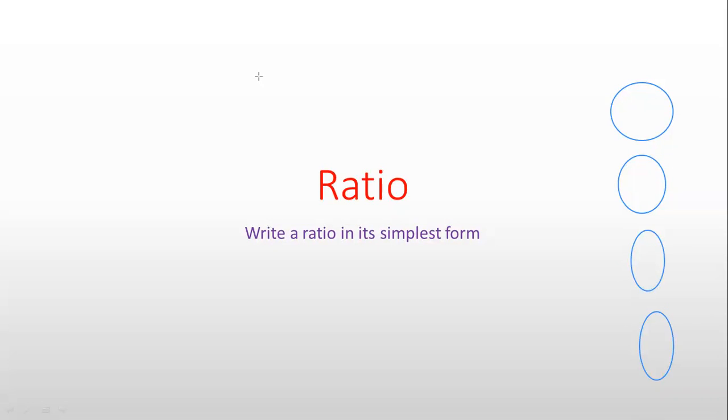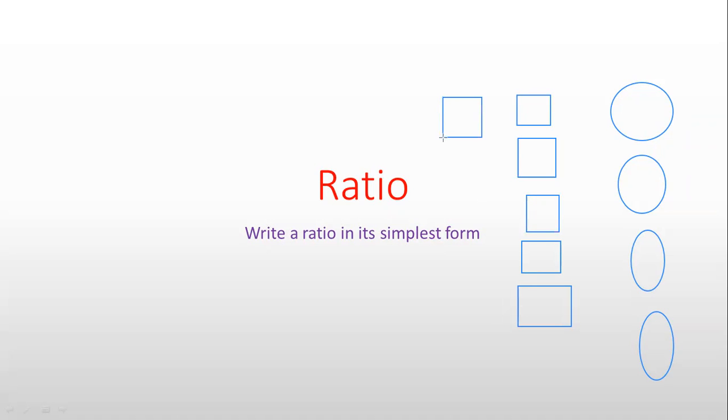And on the other hand, I can draw this shape, for example: 1, 2, 3, 4, 5, 6. So I have how many shapes here? Total number of shapes: 1, 2, 3, 4, 5, 6, 7, 8, 9, and 10. So total number here is 10.